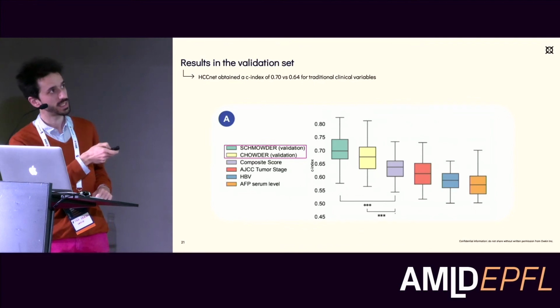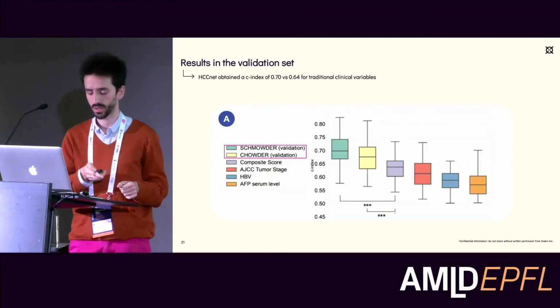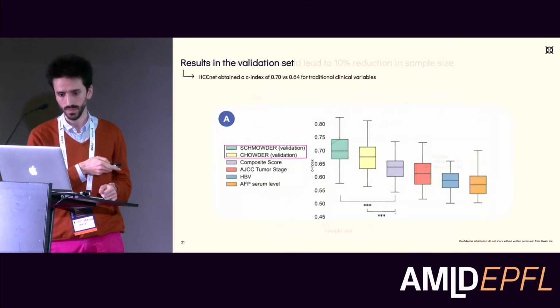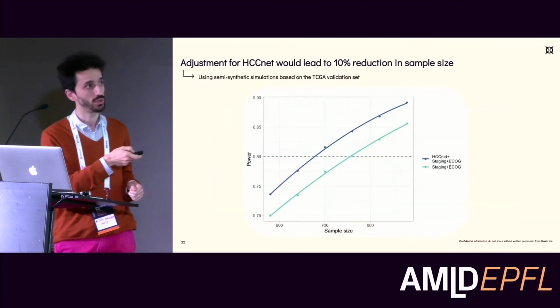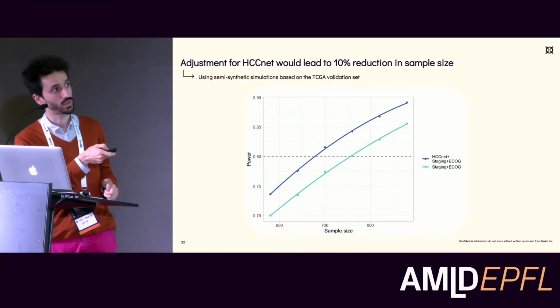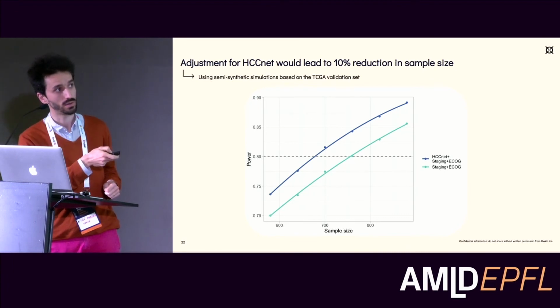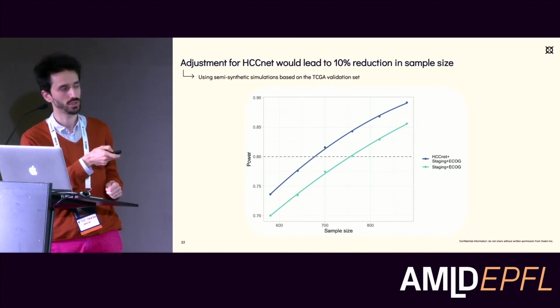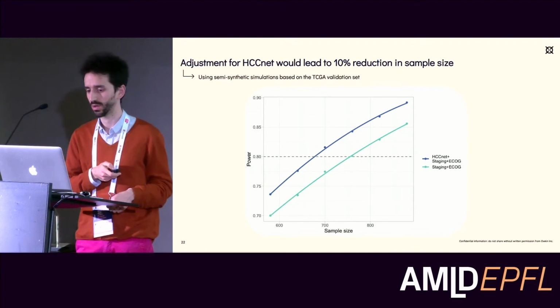And here you see that we get quite an improvement in C-index. We're at a C-index of 0.70 compared with 0.63 for a composite score of clinical information. Then we can look at what happens if we do the adjustment on standard variables that would usually have been used, and the same standard variables plus our deep learning model, HCCNet.